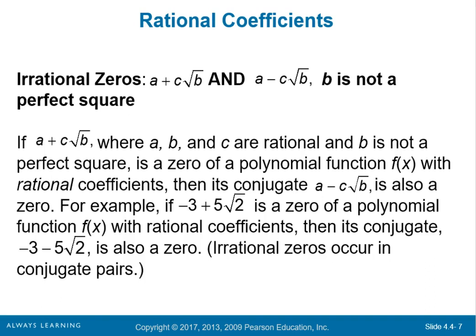But if you don't have a perfect square, right? In this case, they give an example of -3 plus 5 square root 2. If that's a zero of the function, then its conjugate is also a zero. So you'd have -3 minus 5 square root 2, right? You can't have one or the other. You have to have both.